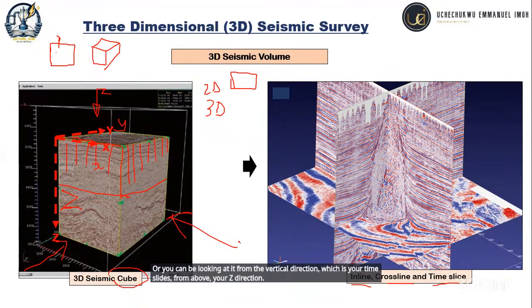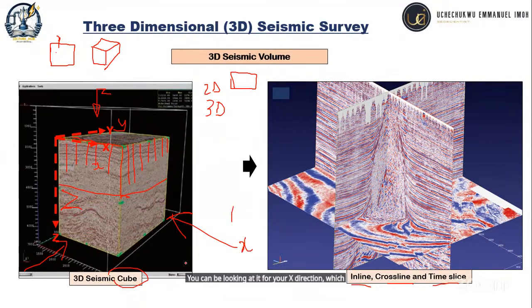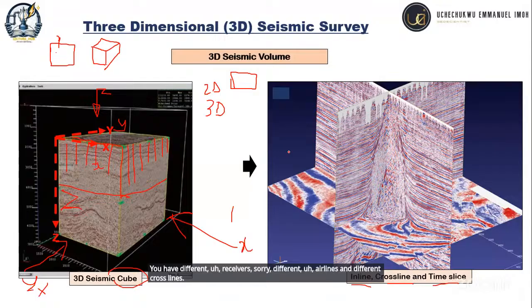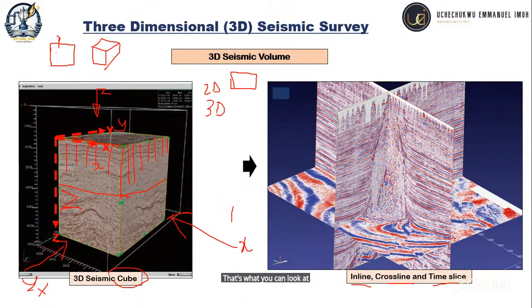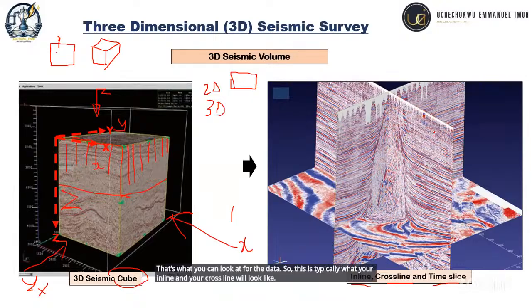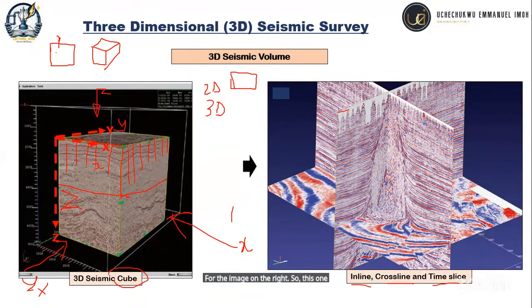Or you can be looking at it from your X direction, which is your inline, or your Y direction, which is your cross line. So for the seismic volume, your 3D volume, you have different receivers, different inlines and different cross lines that you can look at for the data. So this is typically what your inline and your cross line will look like for the image on the right. This one could be your inline, and this one will be your cross line.